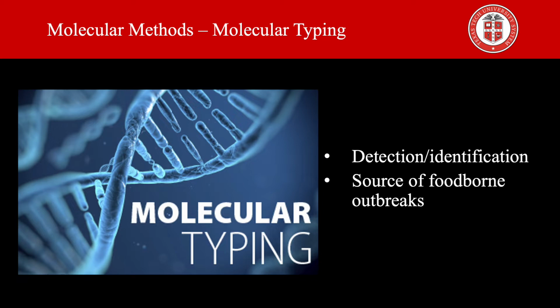It is mainly used to pinpoint the source of foodborne outbreaks. However, it can also be used to identify which microorganisms are the most virulent and cause serious diseases, the ones that are resistant to antibiotics, and those microorganisms that are able to survive and multiply.